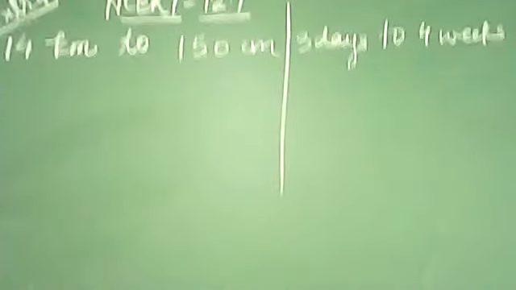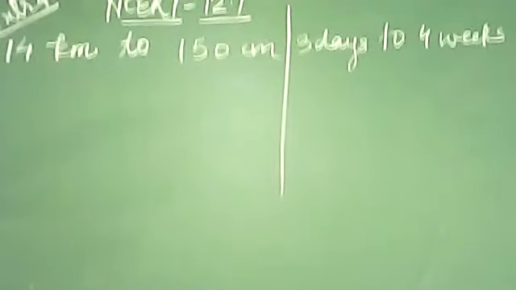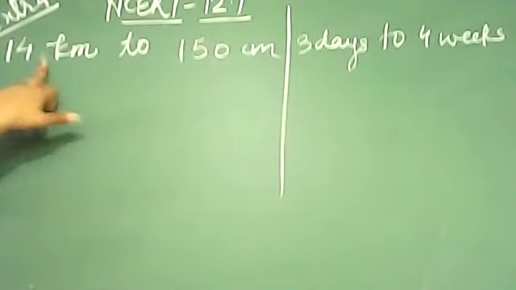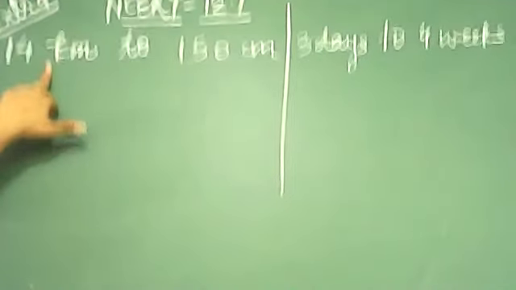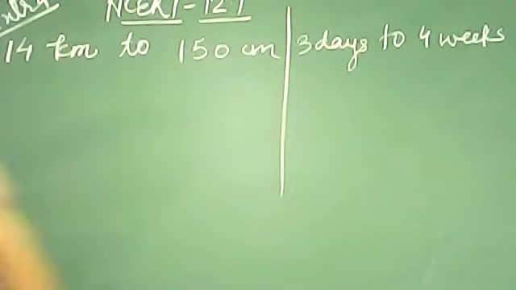Students, I gave you 2 extra questions which are not from your NCERT, but they are a little complicated. Little complicated means in this one it is written kilometers and here it is centimeter. So kilometer and centimeter direct conversion is not possible. Fine?